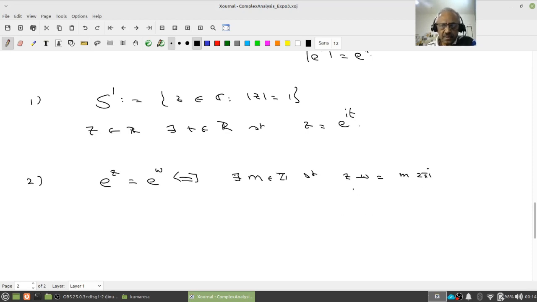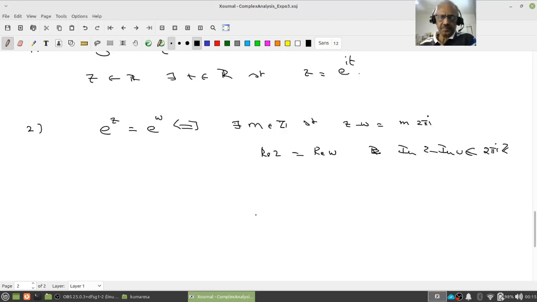That means, notice that the real part of z must be the same as the real part of w, but the imaginary part of z minus the imaginary part of w will be a multiple of 2 pi. Hence this t is not unique. If I put s equal to t plus 2 pi m, then e^(is) will also be equal to z. It is not unique.